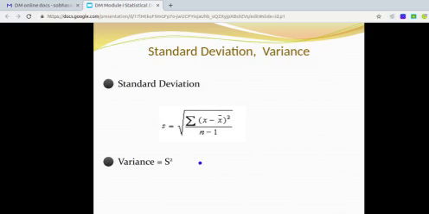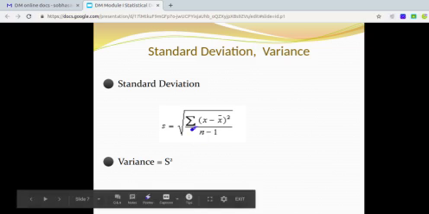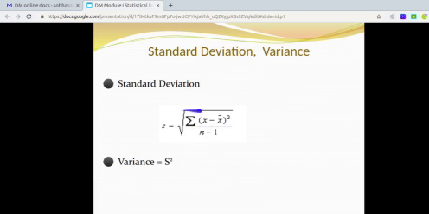Another two terms that we use for summarizing the data are standard deviation and variance. The sum of (x minus x bar) the whole squared, divided by n minus 1, that is variance. If you take the square root, that becomes the standard deviation.